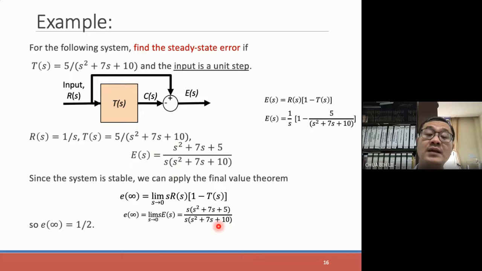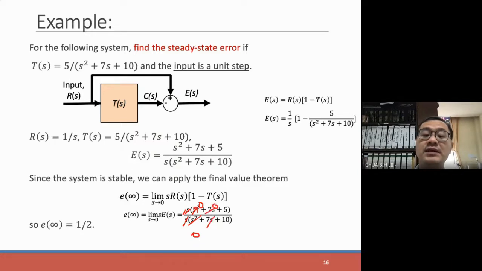When s approaches 0, first we cancel out these two since they cancel each other. Now as s approaches 0, s squared becomes 0, and 7s becomes 0, so this whole term becomes 0.